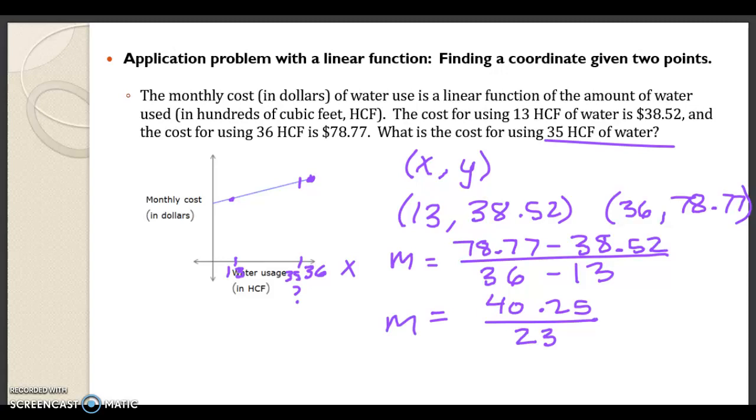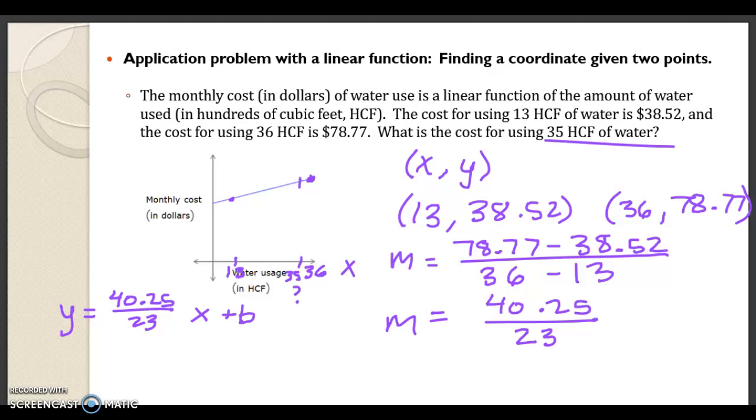But my function for this line right here is going to be y equals m, which was 40.25 over 23, x plus b. I'm not given b in this, but I can find it by plugging in one of these points for x and y and then solving for b.